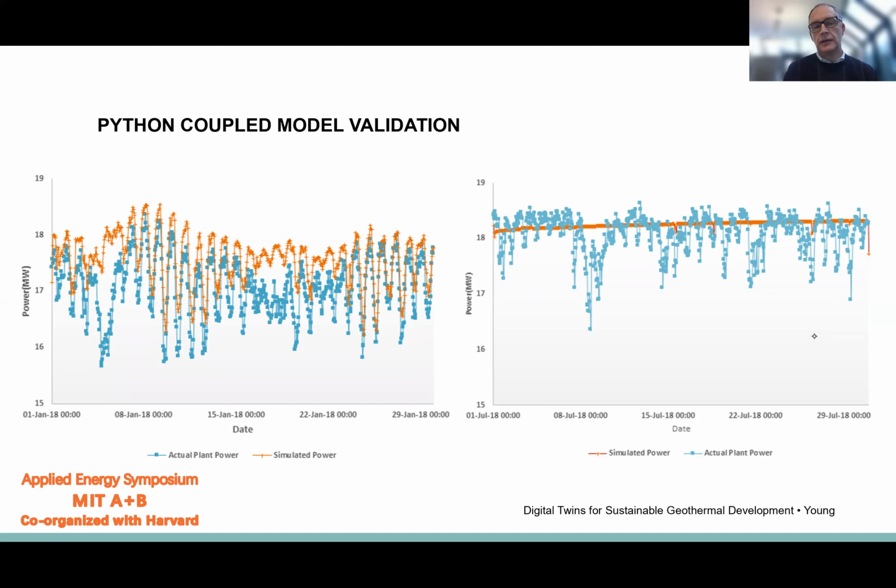And you can see here that the plant and the digital twin are tracking pretty well with the simulated power. In the summer, we're actually able to get quite a good match of the dynamics, with perhaps a slight bias, again, within a few percent.